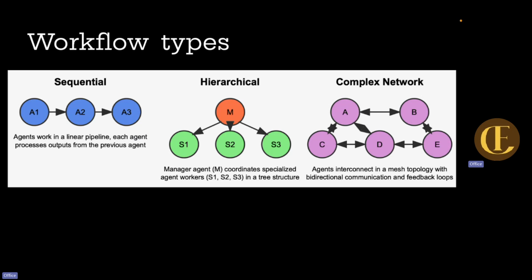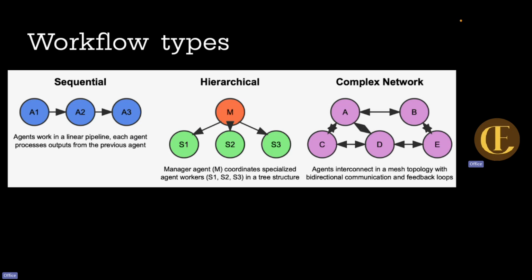Hierarchical, like we saw in the multiple agents, multiple tools part: one planner agent, and a lot of them under it. You can have a hierarchical setup where an agent is also a planner agent, a sub-planner agent, and then you can have multiple other agents under it. One of those agents could be a sequential agent workflow. You can club all of these together. I'm not saying do it without a goal, but there will be cases where you need to.